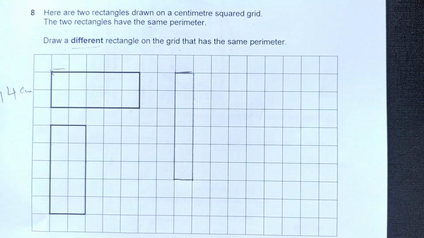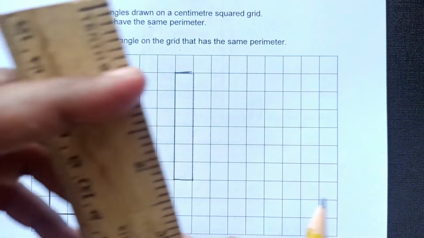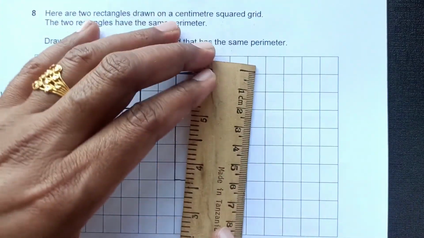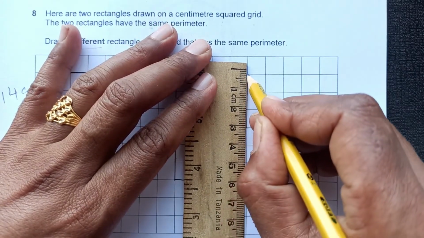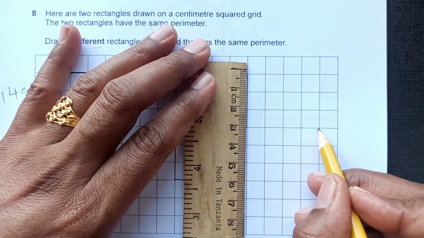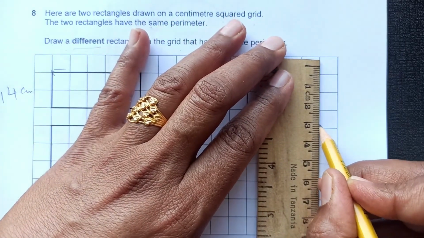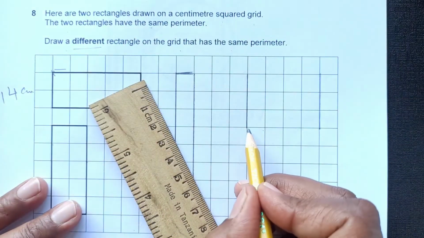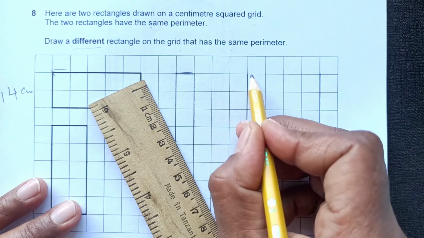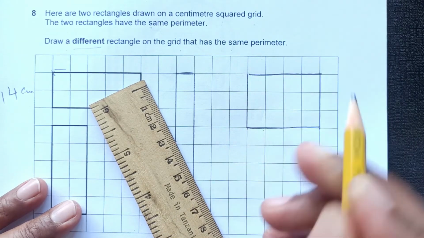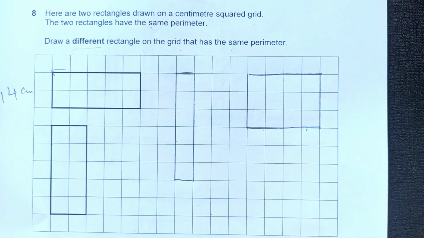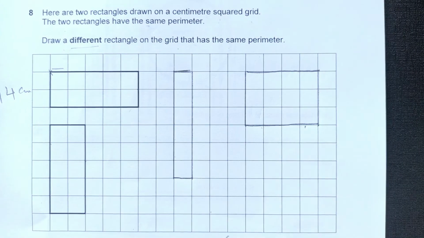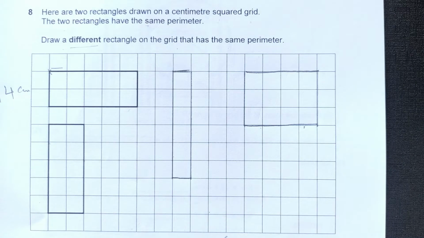So you may have this answer, or any other. Please use your ruler to draw the line. So this shape will also have a perimeter of 14 centimeters. Okay, so you need to draw just one. Actually, I just showed you 2 of them.